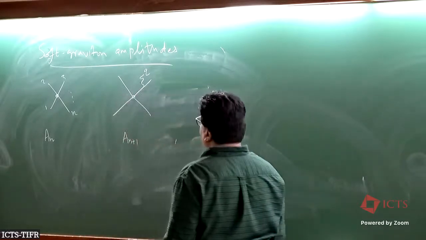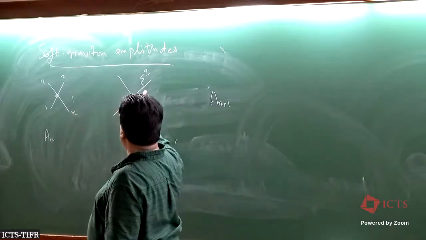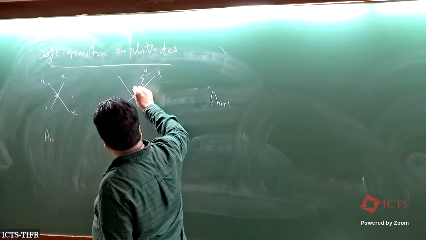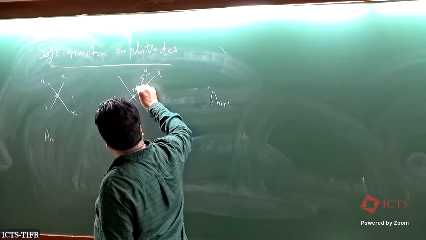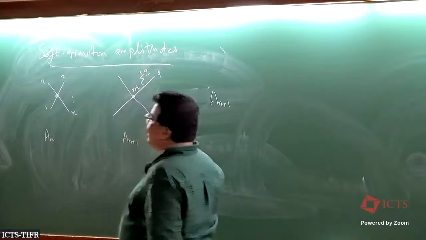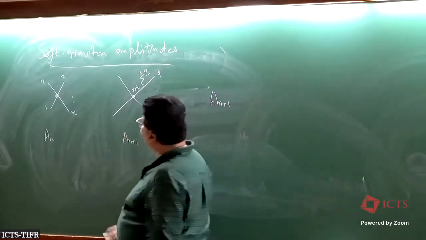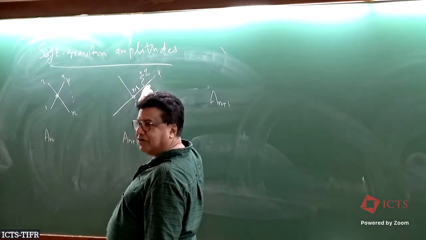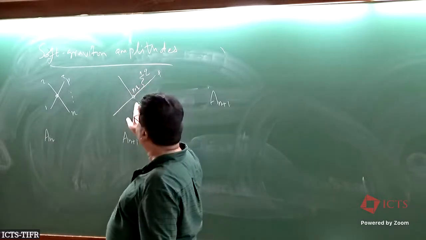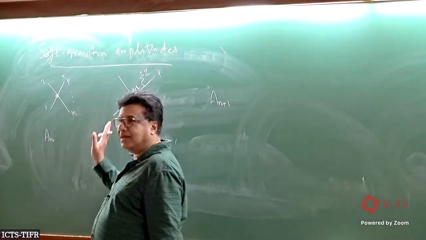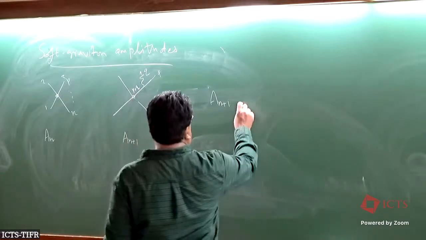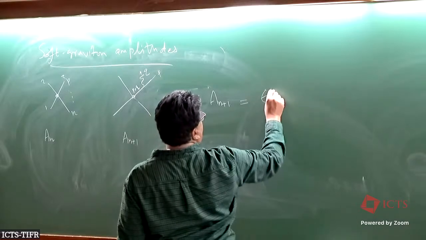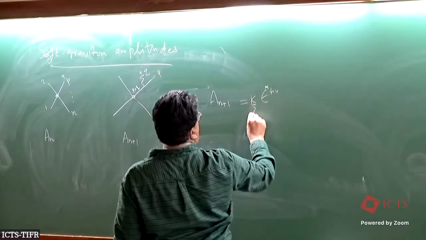So what do you do here? When you go from here to here, let us say this is P, the momentum here is P plus Q, and Q is going out, and this was P here. So you create a propagator and an extra vertex over this diagram. Okay. So this A_n plus 1 is, first I write this for the outgoing graviton, which is epsilon mu nu kappa by 2.